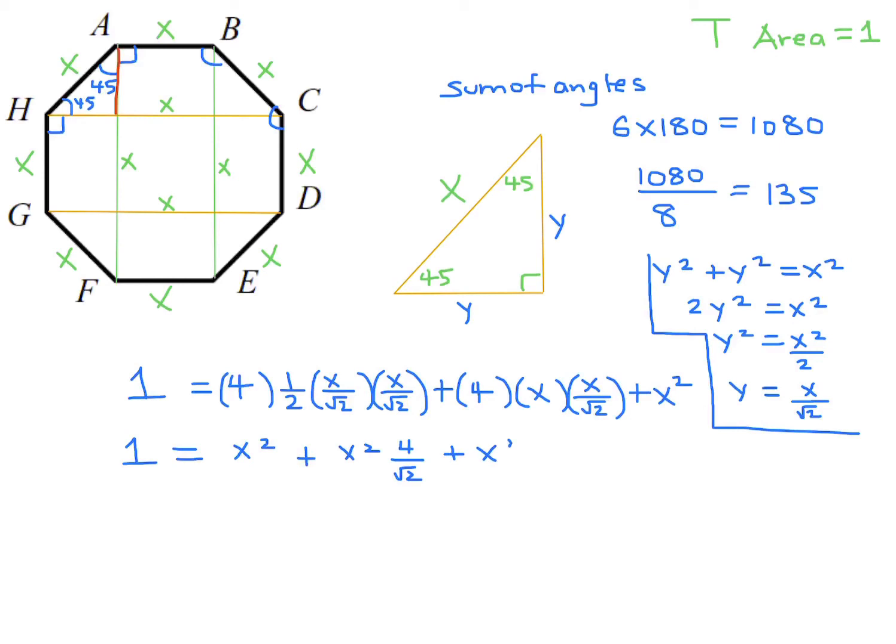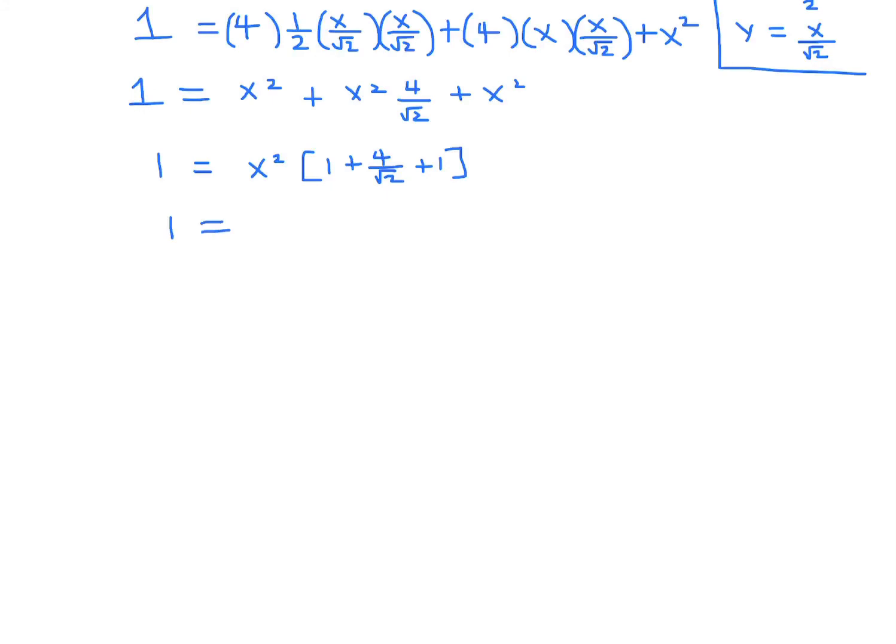And the final one is just x squared. So the good news is you can factor out an x squared, and that will leave you with 1 plus 4 over root 2 plus 1. This becomes 1 is equal to x squared, 2 plus 4 over root 2, like that. And therefore we can now get a common denominator.